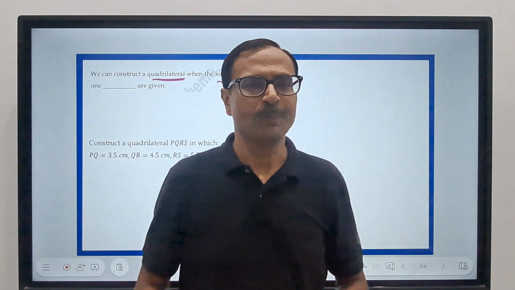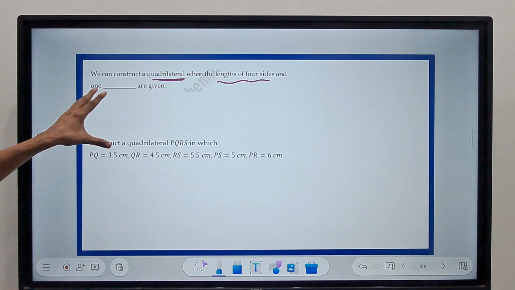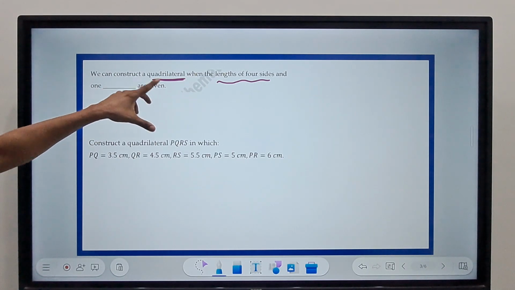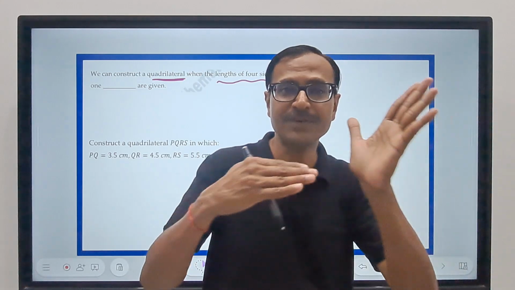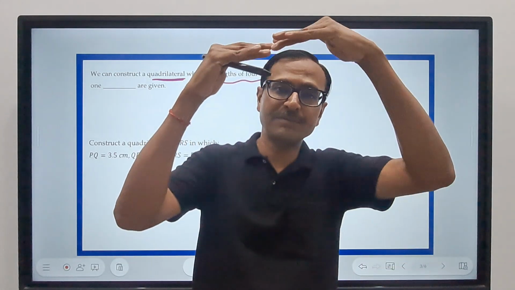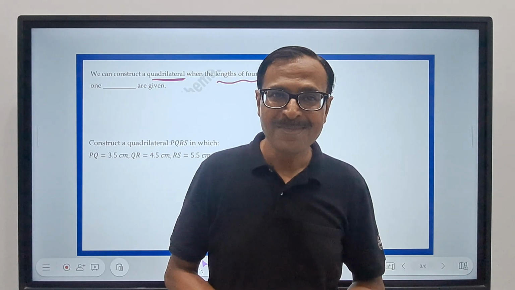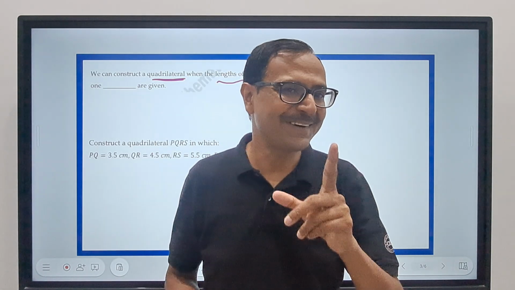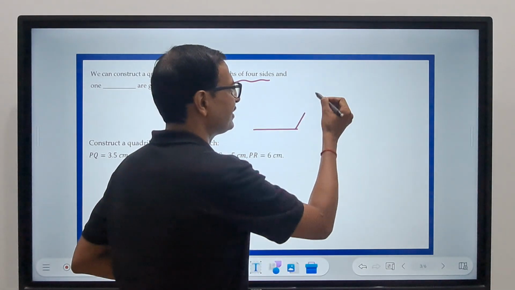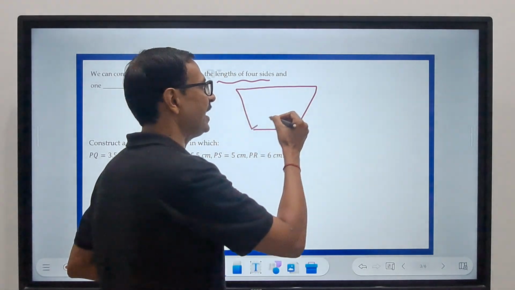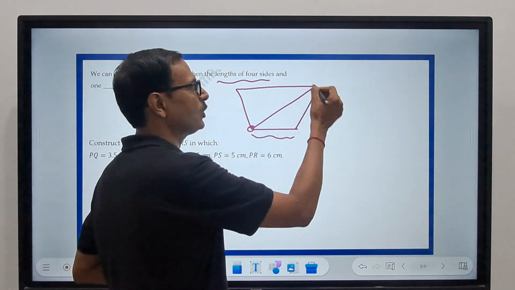So if you are given the length of the four sides and one of the angles, I don't know whether it is the angle between the first two sides or the second two sides or the third, fourth side, which one is given. So I have to be given one of the diagonals. So when I am given this side, this side, this side, this side, and one diagonal, I can actually construct this first, and using this I can put an arc here.